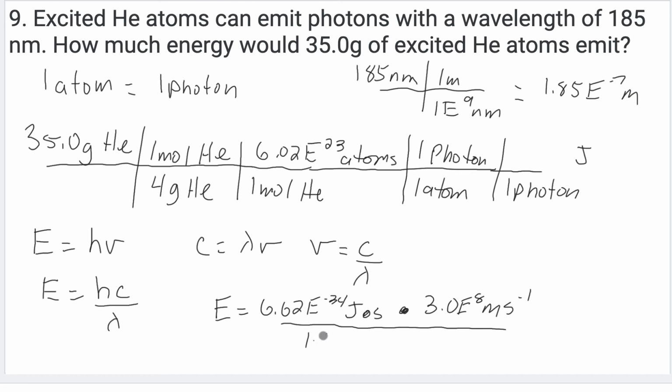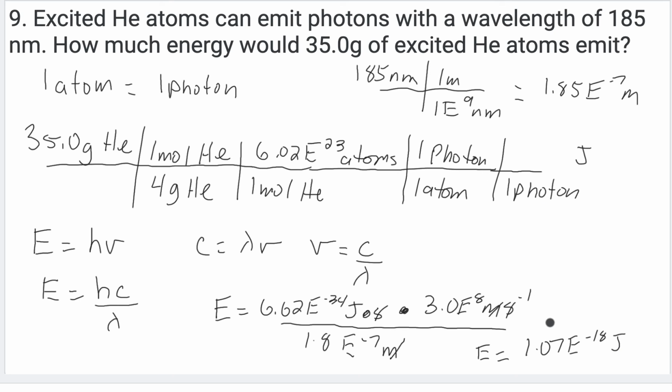So we put that down here for our wavelength, 1.85 e to the negative 7th meters. Our meters cancel, our seconds cancel, and we end up with joules if we do this math. So that energy would equal 1.07 e to the negative 18th joules is what I got.